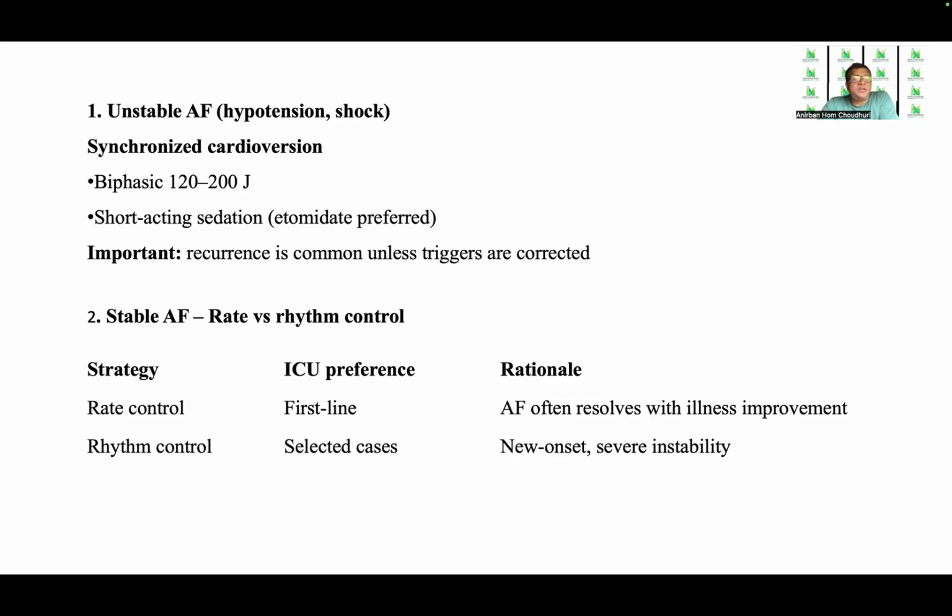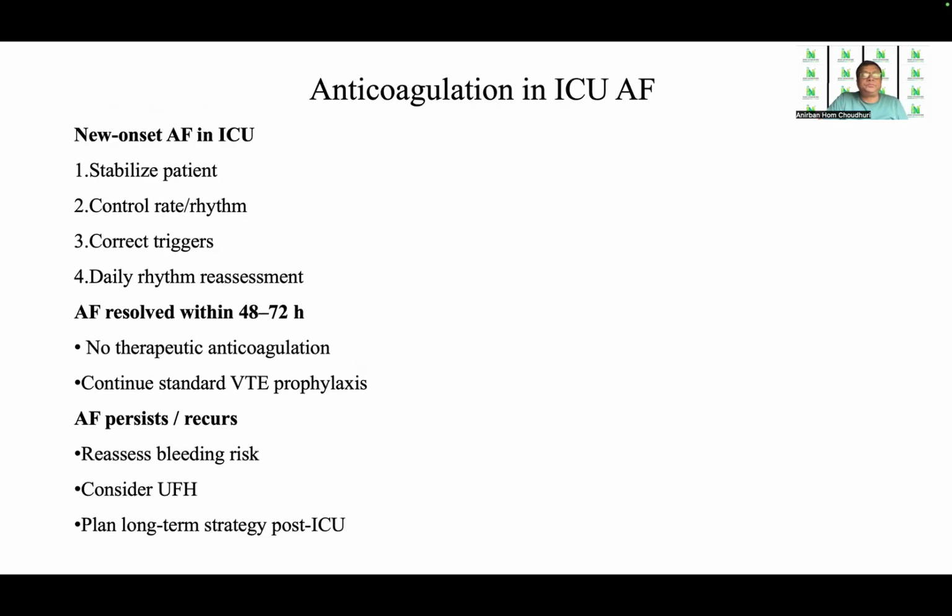The strategy of rate control is the first line in the ICU, and the rationale is that AF often resolves with improvement in the illness or the condition for which the patient is admitted in the ICU. Rhythm control is the strategy to be adopted in selected cases, the rationale being that new onset or severe instability would benefit by rhythm control.